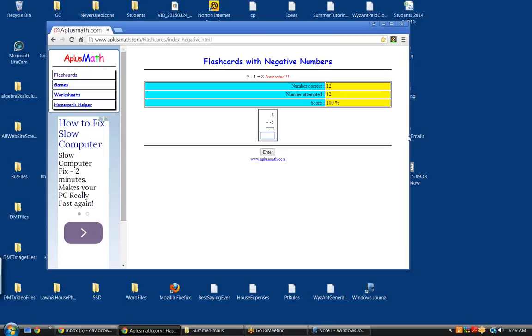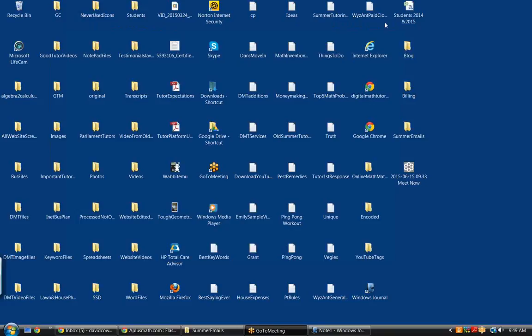So negative 2. That's the only ones I've seen give you really any trouble, when you have a negative number minus another negative number. Let me make some of those up, just to give you a little practice here.